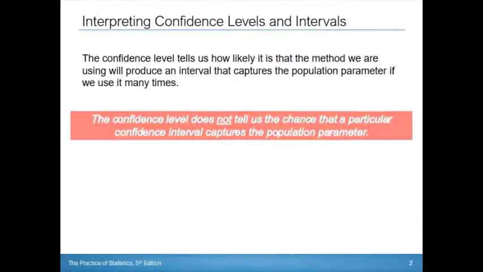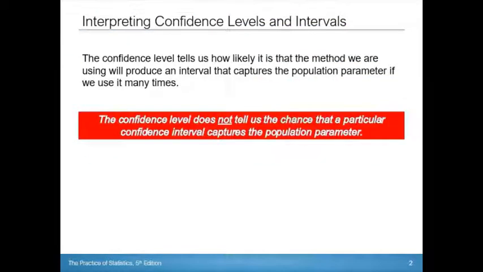You have to be careful because even though the confidence level is written as a percent, it's not a probability. It's not the chance that a particular confidence interval captures the true population parameter. Either that confidence interval captures it or it doesn't.